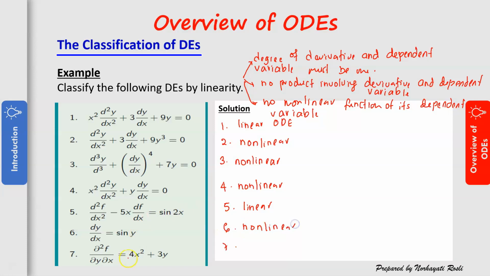And the last, number 7, is a linear function because the degree of the derivative here is 1. No product involving derivative and dependent variable, and also no nonlinear function involving dependent variable. This one, the x squared, is only for the independent variable. So this number 7 is a linear function.